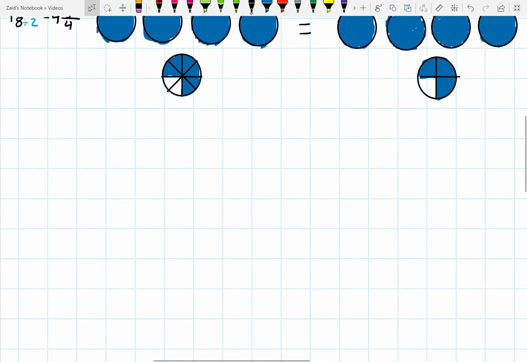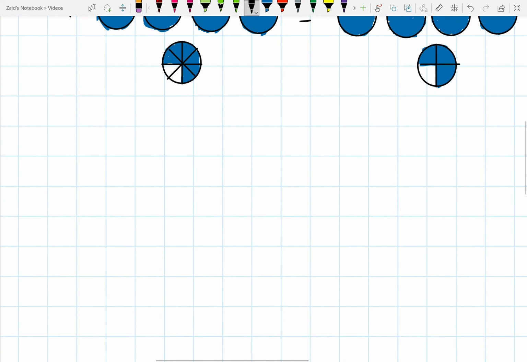So when we simplify fractions, the first thing that we have to do is find the factors of both the numerator and denominator.